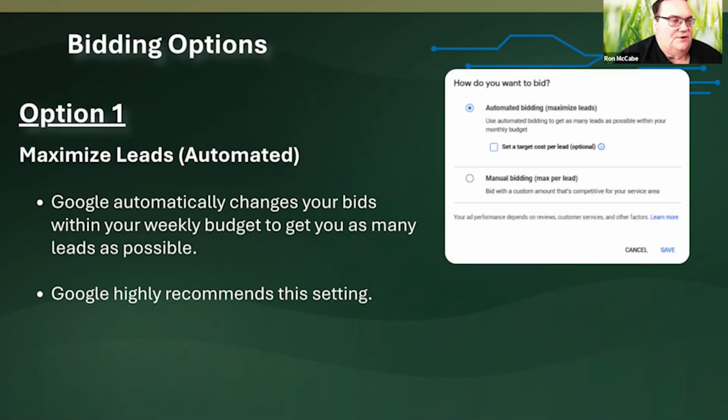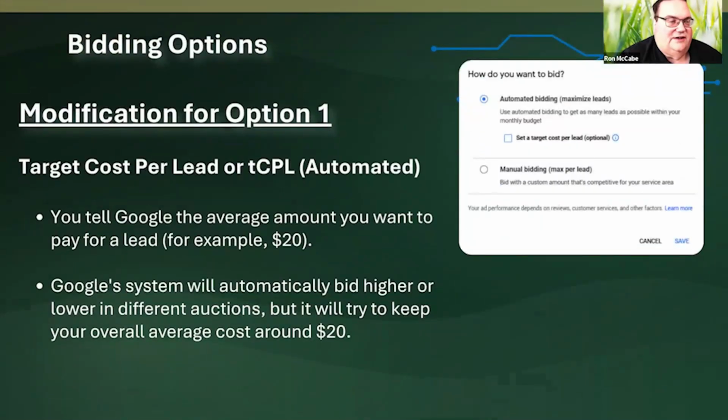And so when you do your bidding options, most people set up automated bidding with a maximum per lead. You can check the box and set a cost target per lead, but that's going to decrease your amount of leads. And if you do want to set the target per lead, that's in a case where you're financially constrained, you've got a really tight budget, and it will just automatically try to keep your average around $20 per lead.